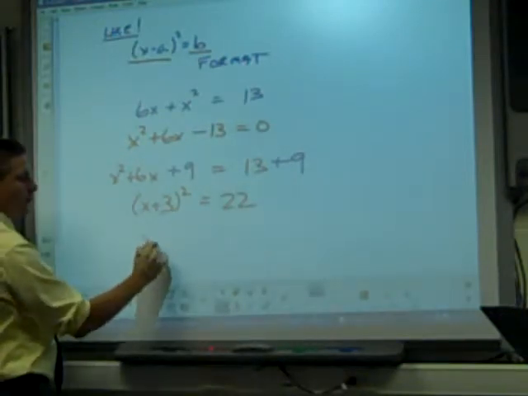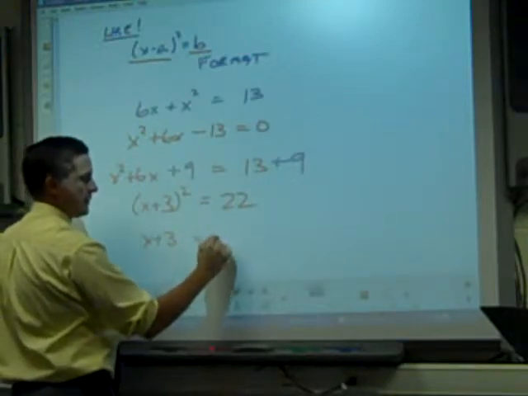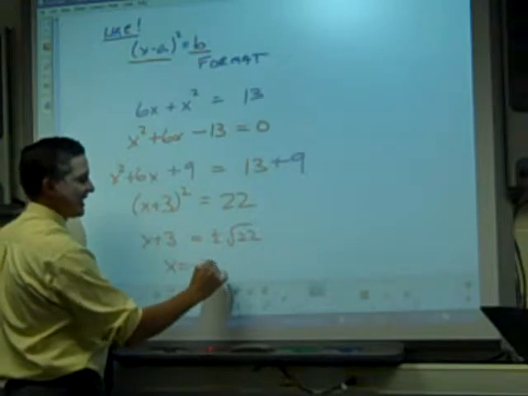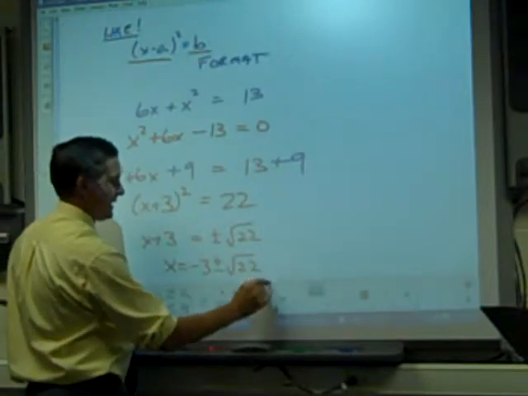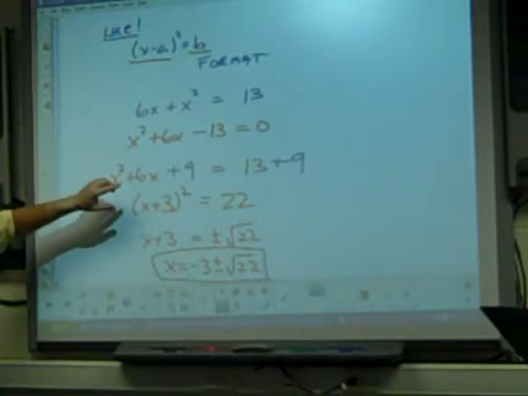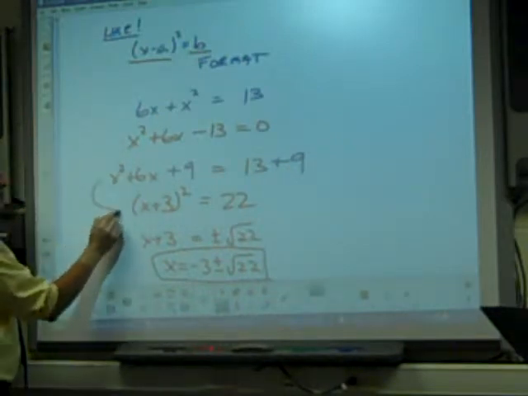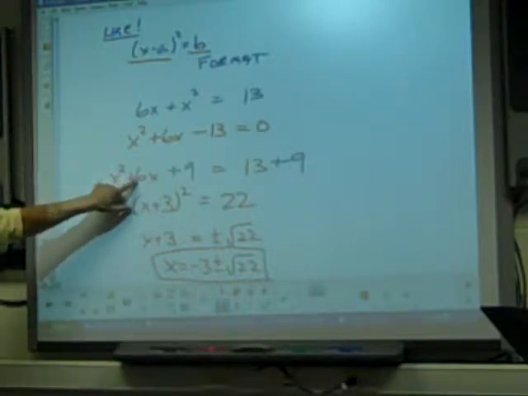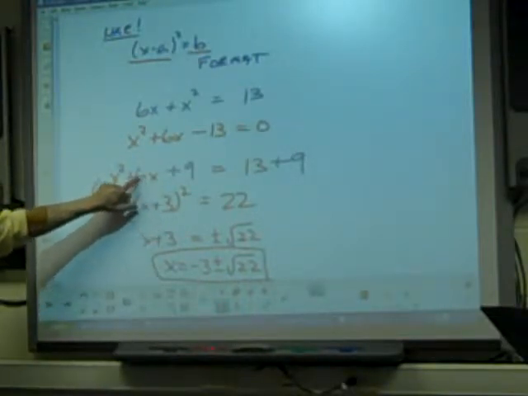Again, take the square root of both sides. Opposite side, and I have a solution. It is a quick method here, and it helps us go from here to here. All right? We have to notice that this number here is half of this.